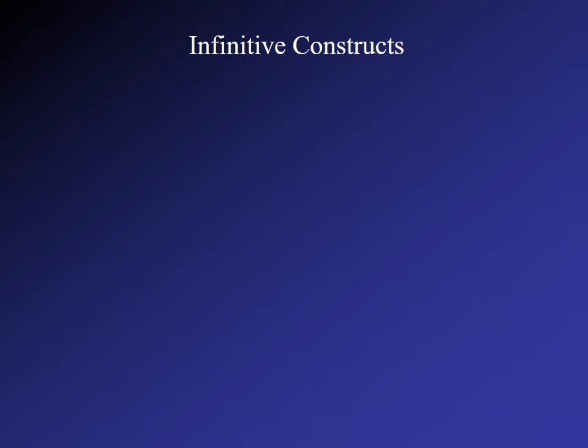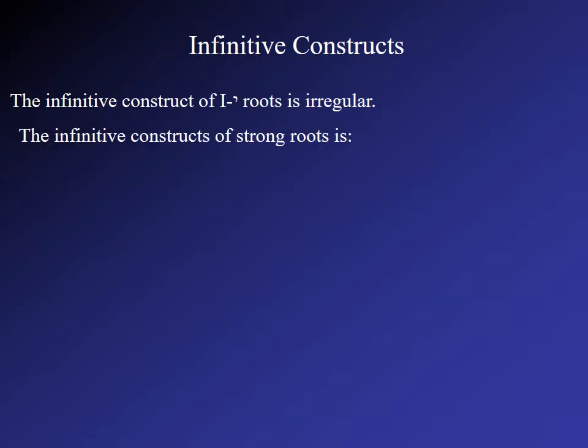All right, we looked at an irregular form of the infinitive construct, but before we finish up, we should look at a regular form of the infinitive construct. So we've learned the infinitive of first yods, which are irregular. For the strong root, the infinitive construct is pakod.